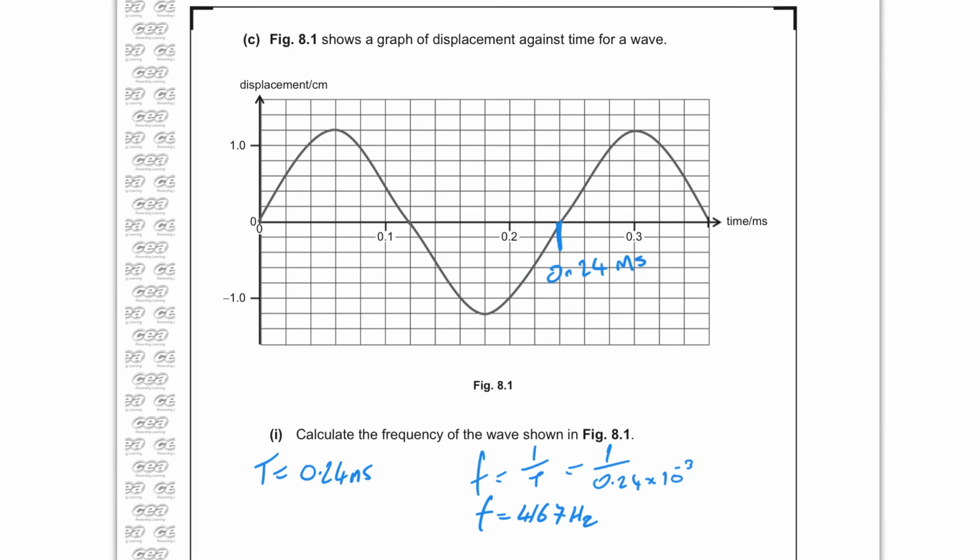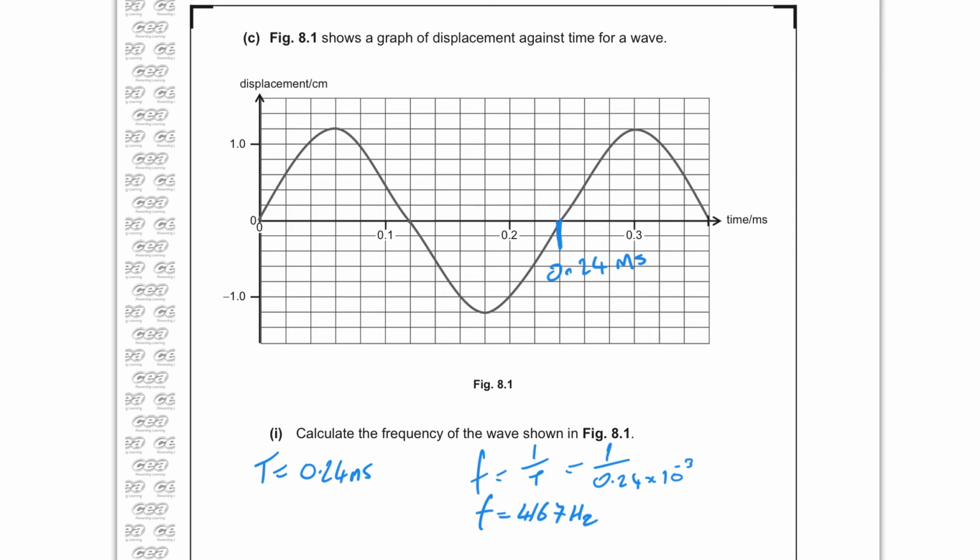So we need to come to half of this original amplitude, and we need to have shifted 4 squares along.